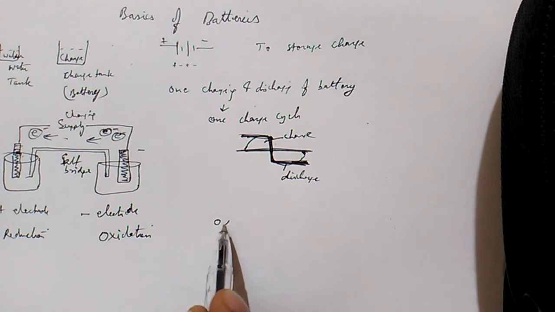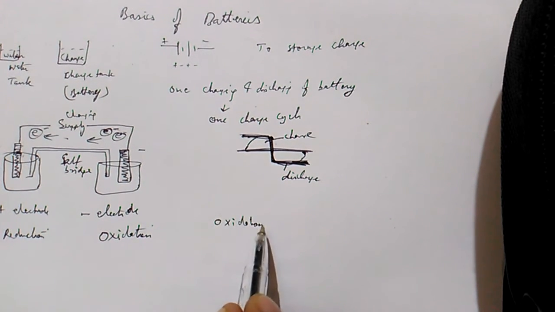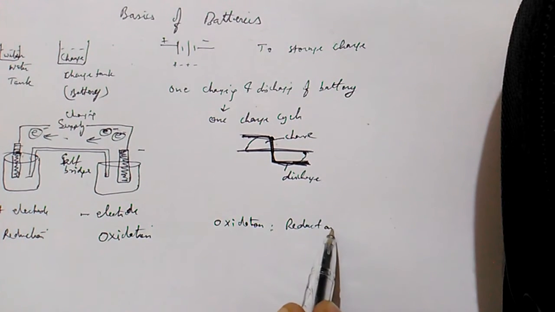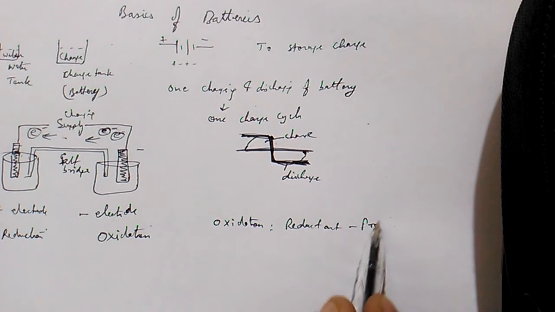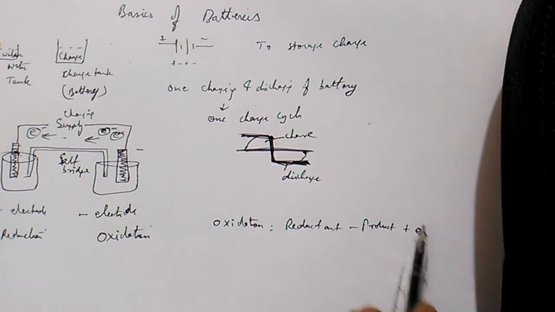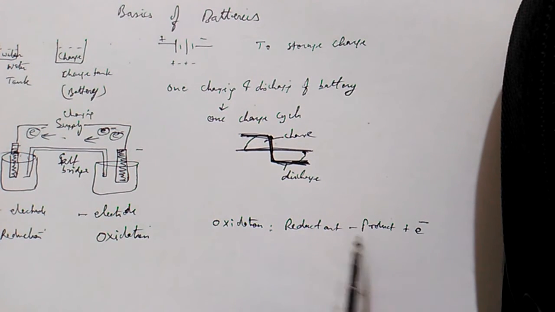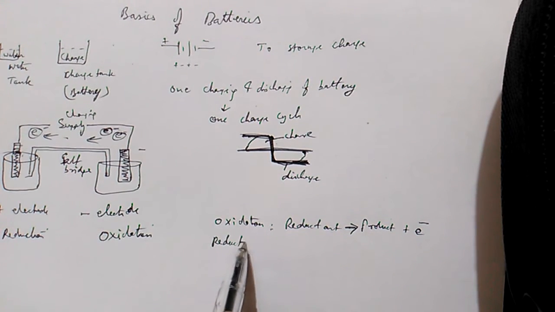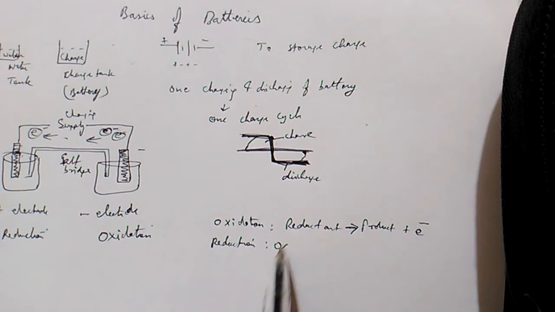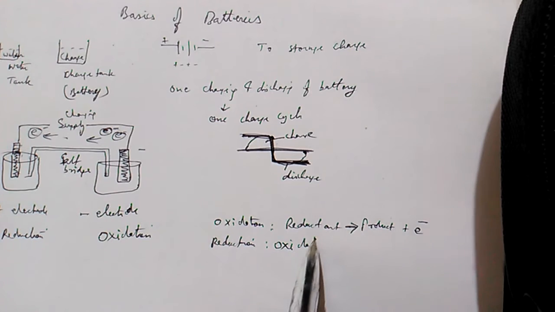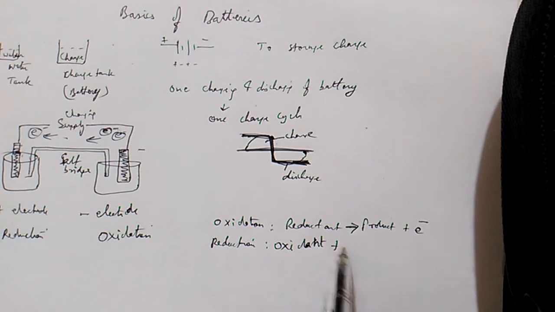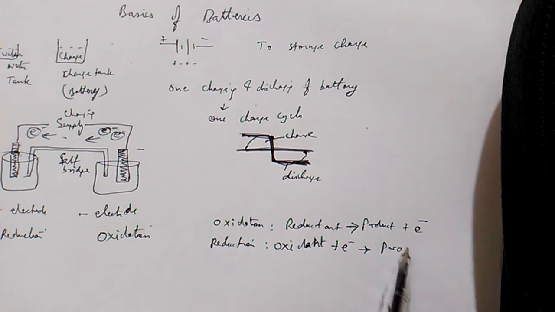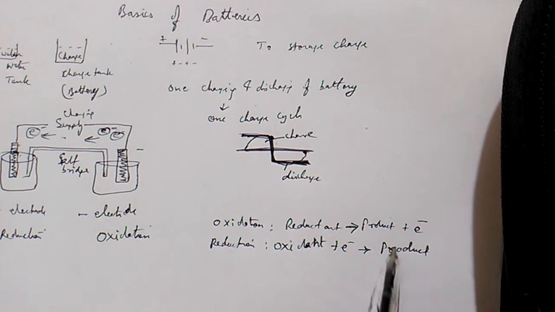So oxidation means reductant gives product plus electron, and in reduction, oxidant plus electron gives product.